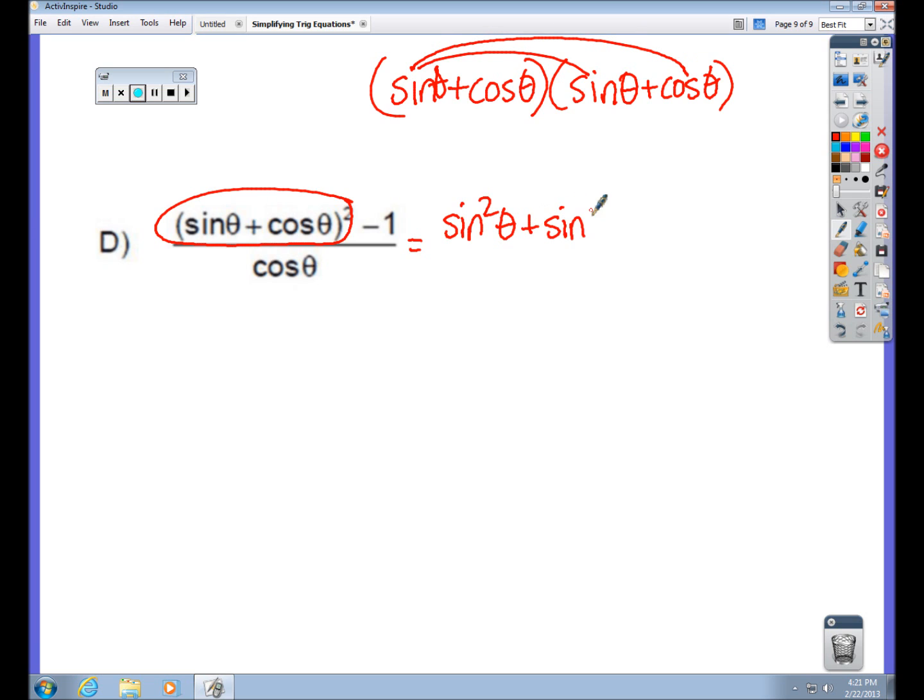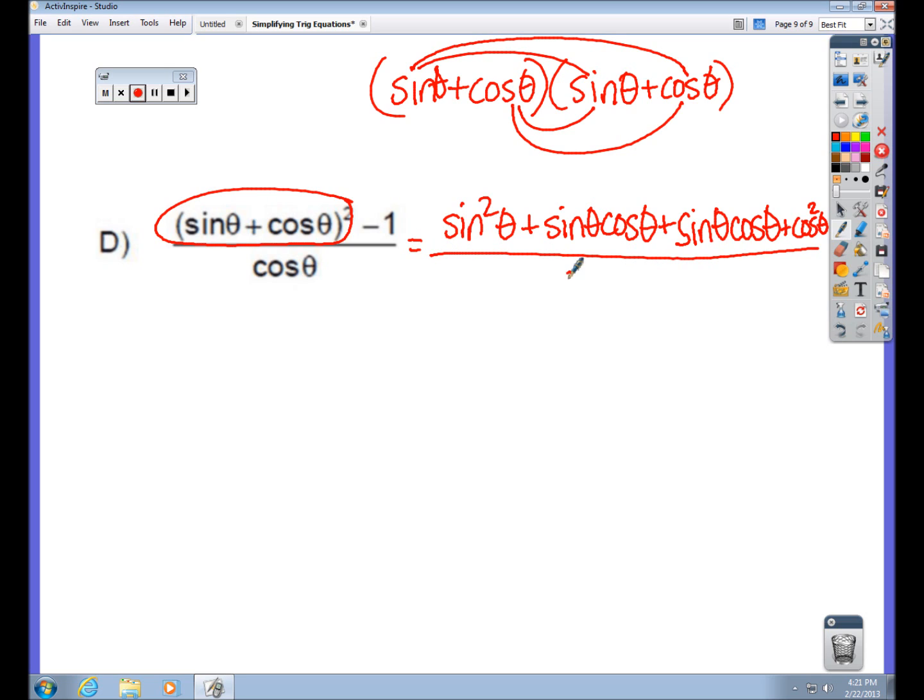And I can't really do anything there, so I just write it as sine cosine. Inside times inside is sine times cosine again. It doesn't matter what order you write them in if you're multiplying. And then last times last, cosine times cosine is cosine squared.